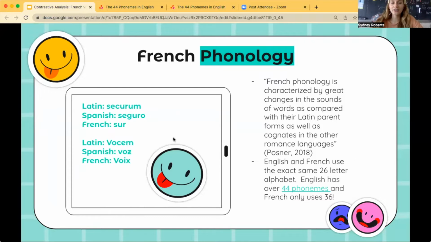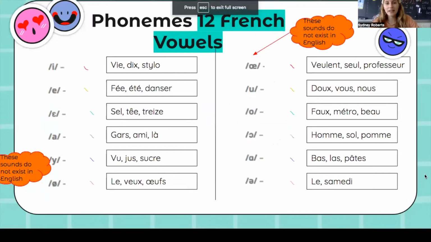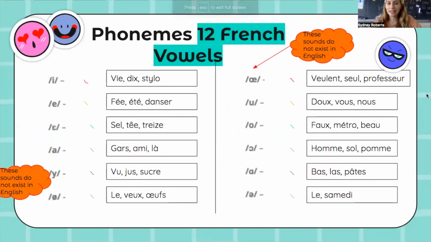And then I've got another little visual for seeing this transition and these cognates. So we've got the Latin word securum, Spanish seguro, French sur, Latin vocem, Spanish voz, French voix. So you can see the transition pretty clearly when you're comparing the different languages.